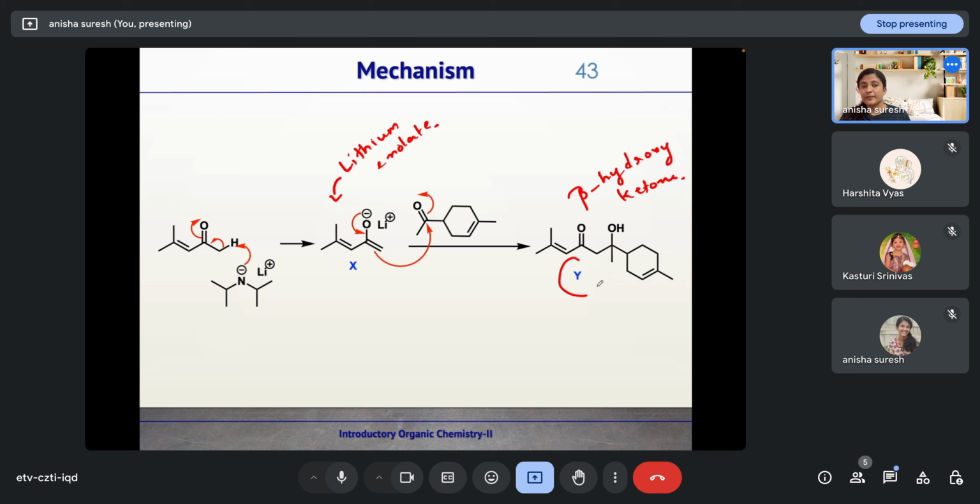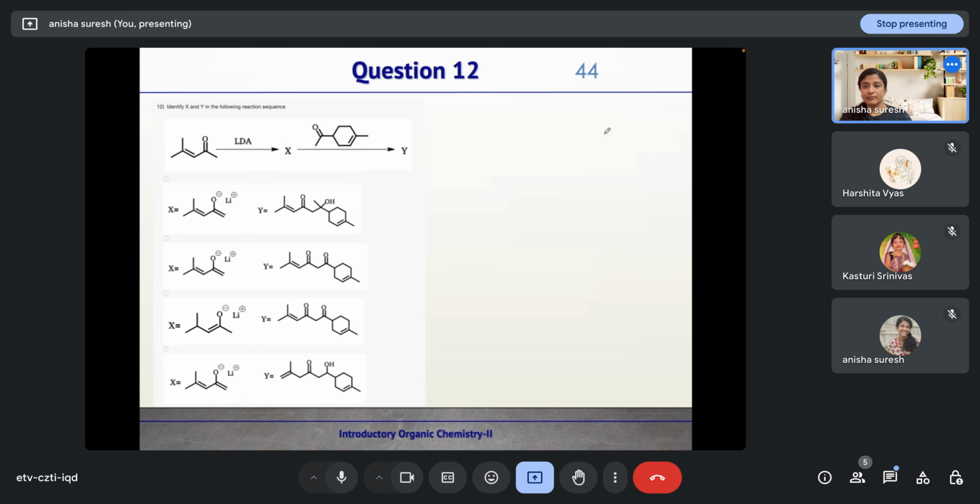So that is Y. First, formation of the lithium enolate will take place in the presence of LDA, and then it will add on to our electrophilic carbon center, leading to formation of the beta hydroxy ketone. So the aldol reaction is taking place here using lithium enolates.